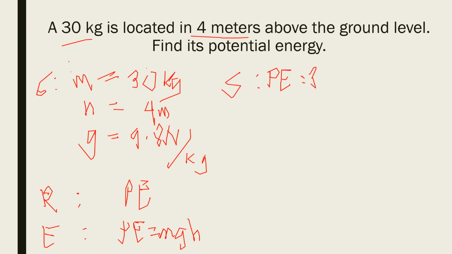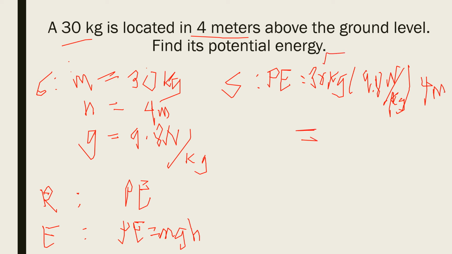Now for our solution, potential energy equals mass, which is 30 kilogram, multiplied by acceleration due to gravity, which is 9.8 Newton per kilogram, and then multiplied by the height, which is 4 meter. You need to multiply first 30 by 9.8, the answer is 294.